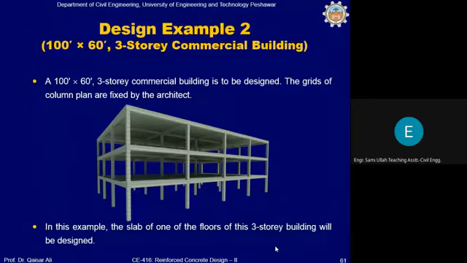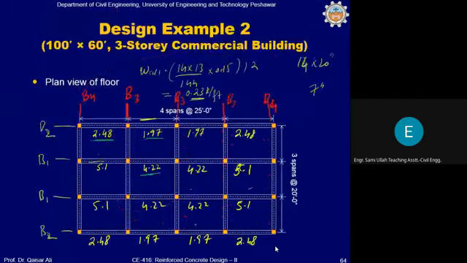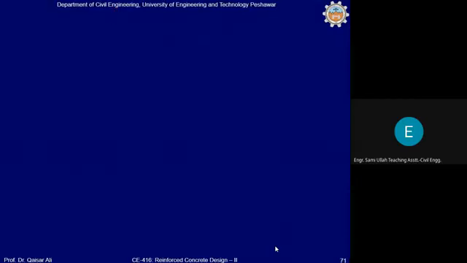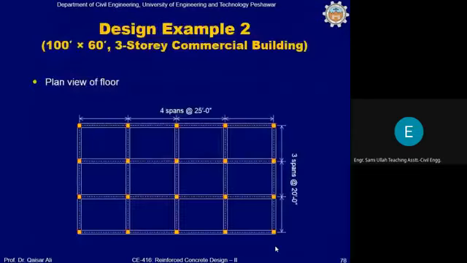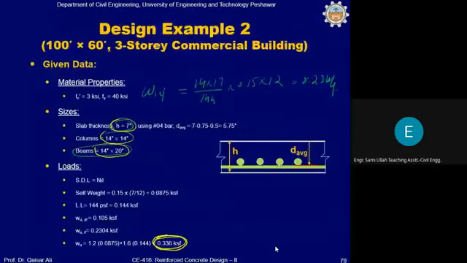Covered area is 100 by 60 feet. Data is given here. Material properties: fc' is 3 ksi, fy is 40 ksi. Slab thickness is 7 inch. Column size is 14 by 14 inch and beam is 14 by 20 inch.